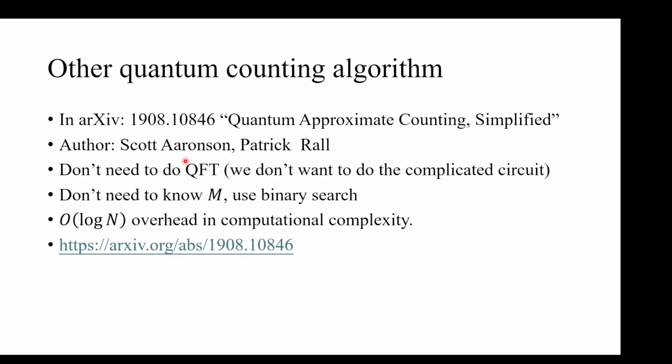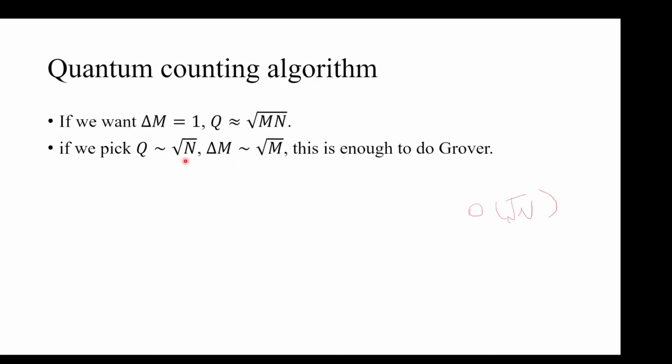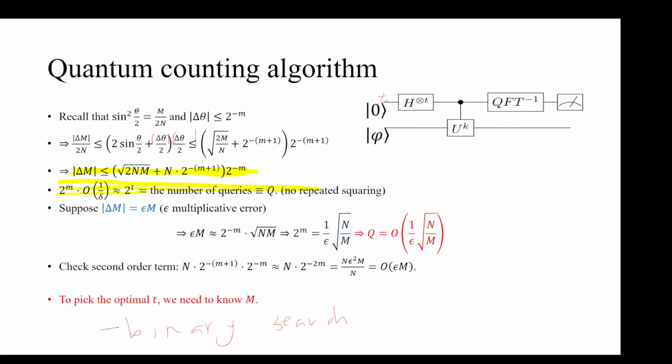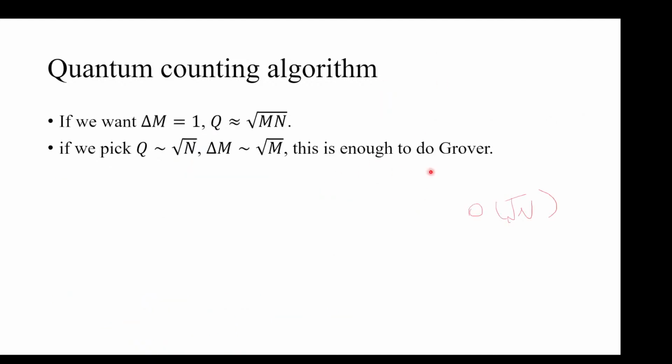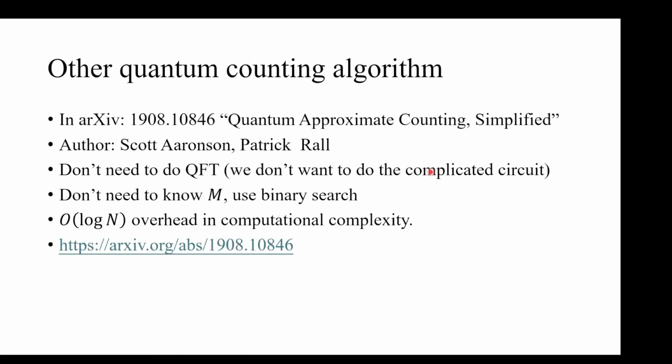It feels like you should be able to do quantum counting with only Grover-like procedures. And indeed that's possible. This has some critical implication because the quantum Fourier transform is a pretty hard circuit to do.